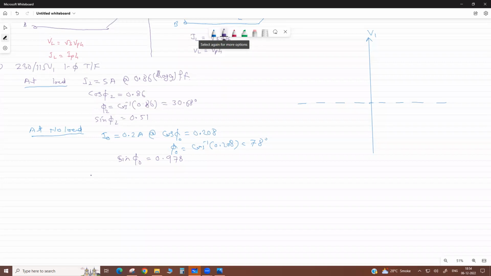Now we can calculate the transformer turn ratio. K equals V2 by V1, that is 115 by 230. This value comes 0.5.